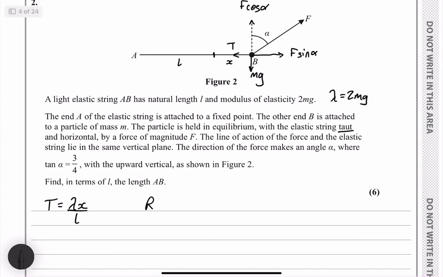So resolving vertically, we've got F cos alpha must equal mg, so F is equal to mg over cos alpha.